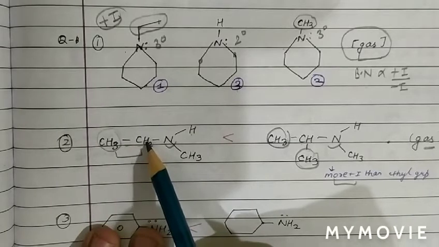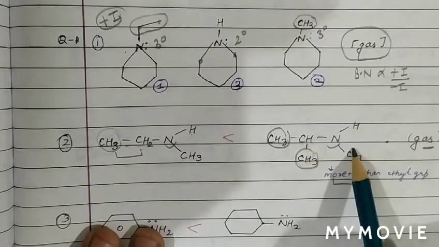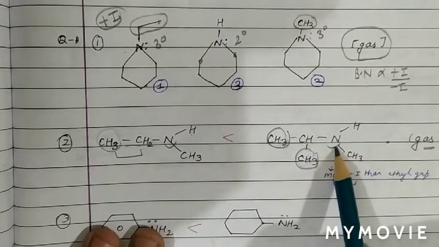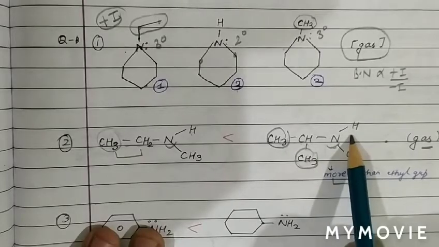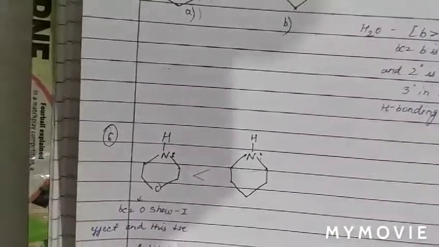Now when we remove this hydrogen, 1 CH3 is also there, so more plus I group means more electron density on the nitrogen atom. More plus I means more electron density on the nitrogen atom, therefore it is more basic.